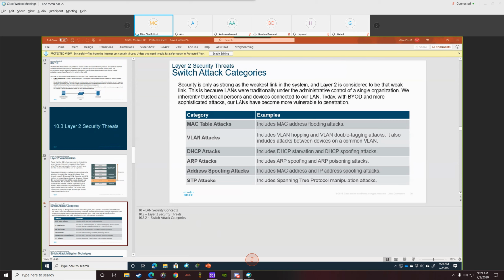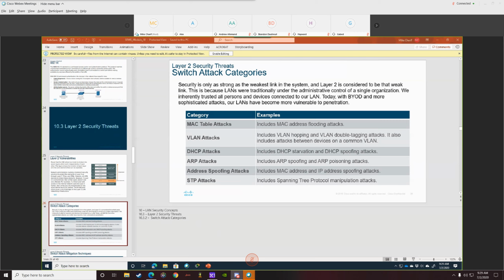Now, to prevent this from happening, you need to enable port security. You can specify, for a particular port, how many MAC addresses that port will learn. If you exceed that number, the port is going to shut down.